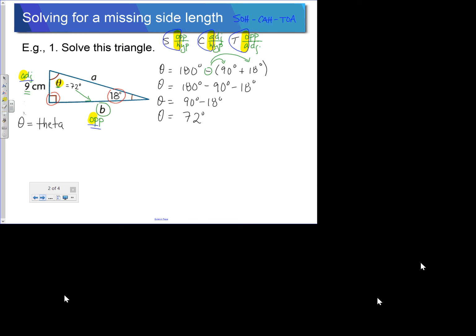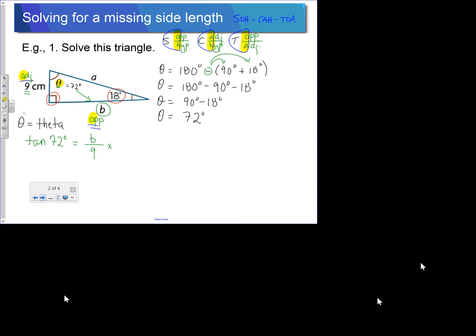So we're going to write down that the tangent, go over here to give myself space, of 72 degrees is the length of B opposite over adjacent. And to solve, here we're dividing the answer by 9.